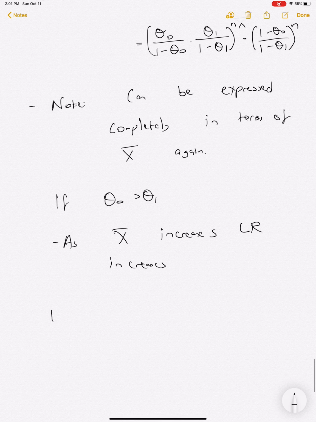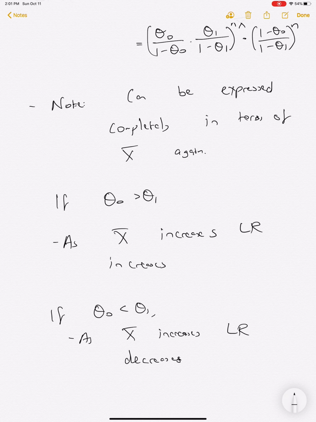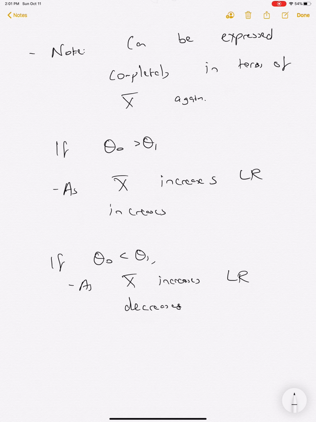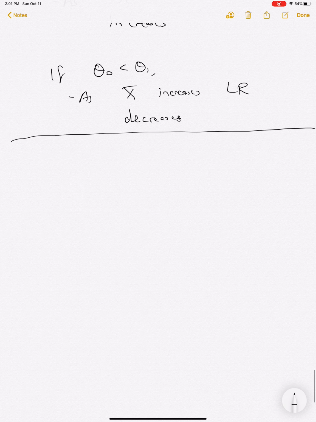And if theta 0 is less than theta 1, as x bar increases, the likelihood ratio decreases. Okay, and so these are very useful concepts, and this is going to lead to the likelihood ratio test.